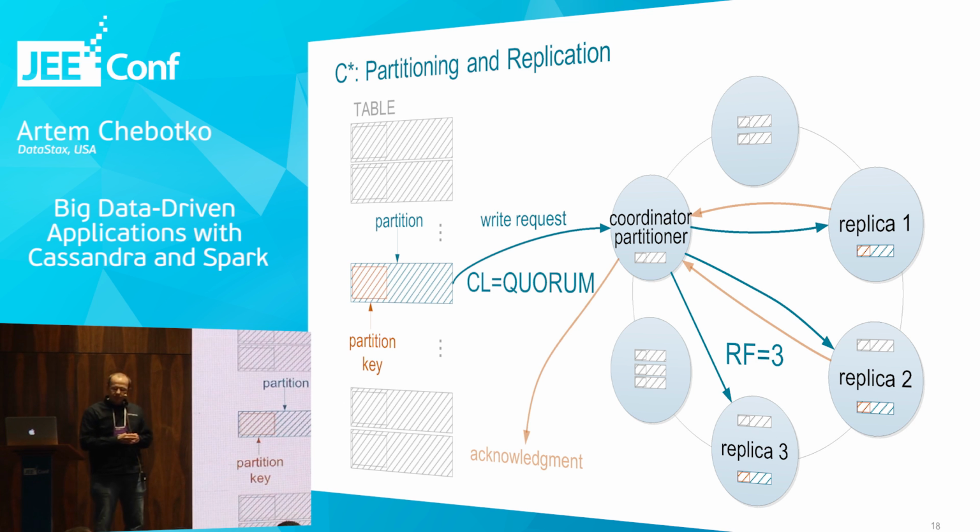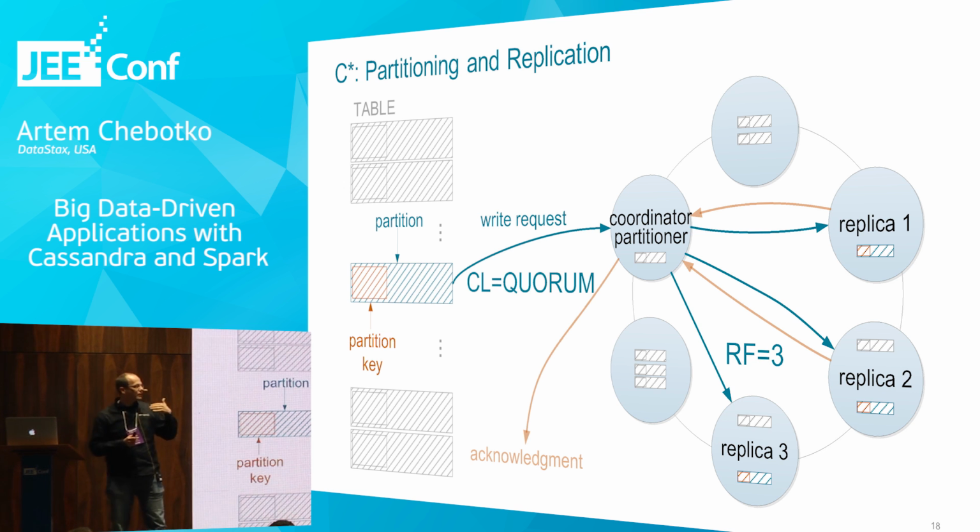In terms of partitioning and replication in Cassandra, you always want to replicate your data when you store it. The data is stored in tables, and the unit of distribution is a partition. A partition will be stored on some node, and this is decided based on the partition key. Here I'm showing you a write request.